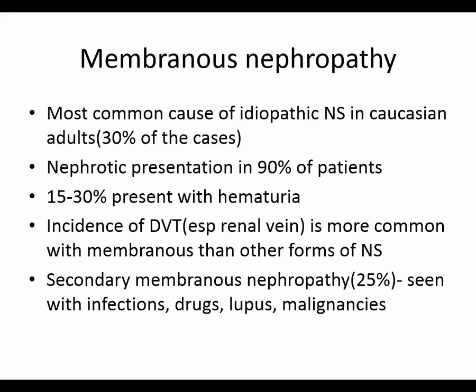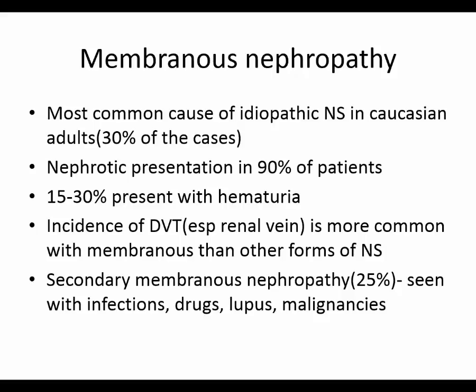Now, secondary means that there can be other etiologies for it: infections, with hepatitis being a big one on our list, and certain drugs. Earlier there was much more use of gold or penicillamine, but we don't see that now. Lupus, I'm going to talk about when we get to lupus, and certain solid organ malignancies. So if we diagnose a patient with membranous, we would say age-appropriate malignancy workup.